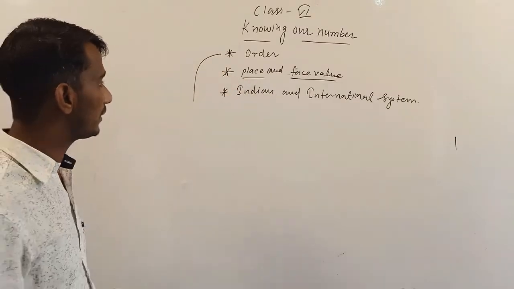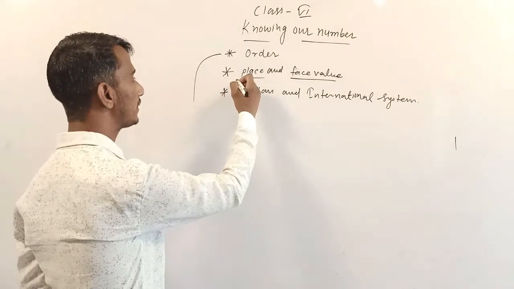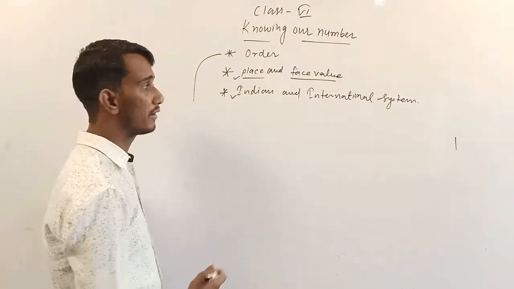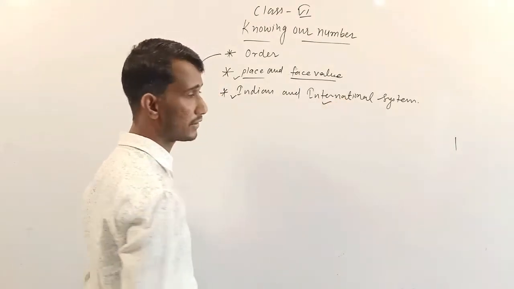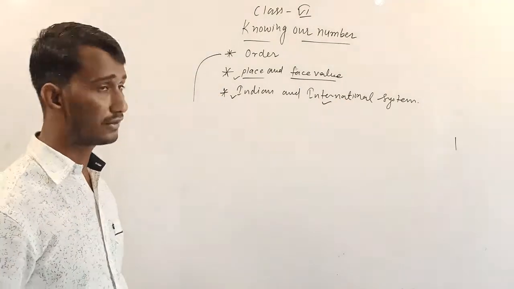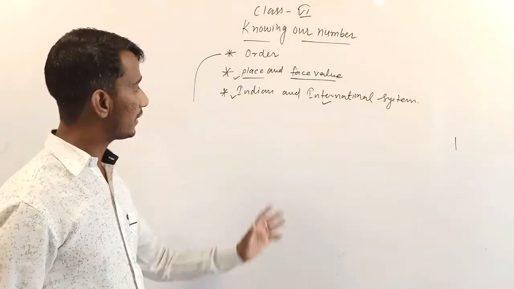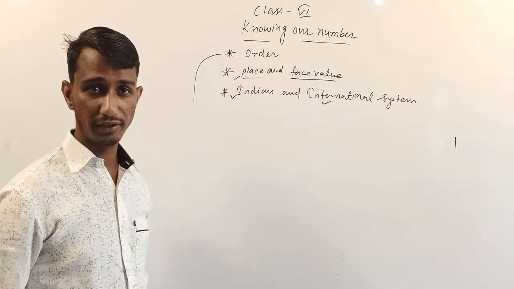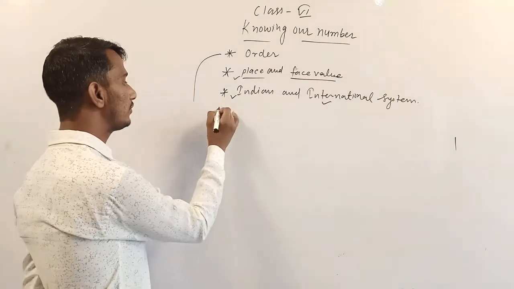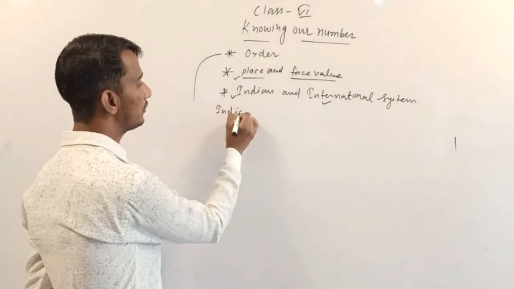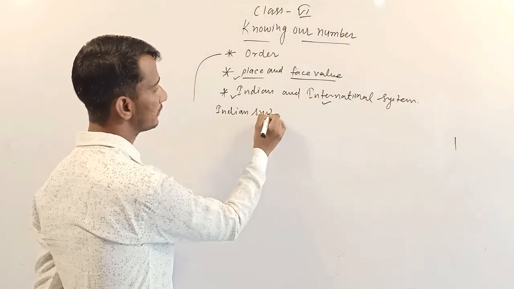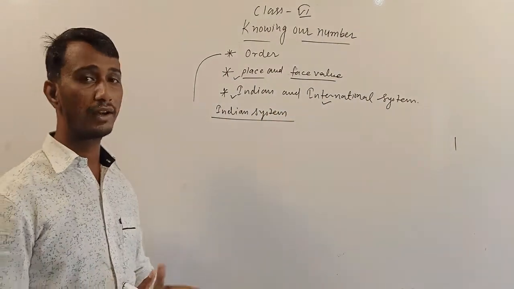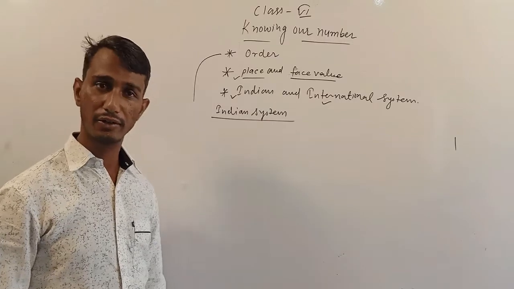And now I am telling you how to write the place value chart of the Indian system and international system. This is a very important topic, along with the comparison of both systems. Dear students, you know that according to the Indian system we count and write the numbers.